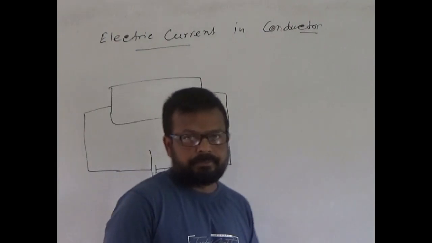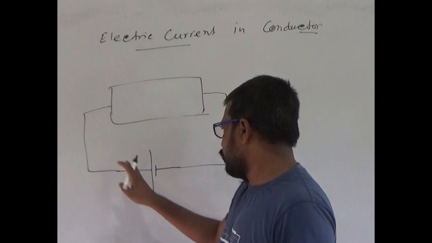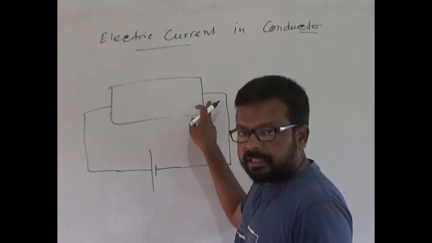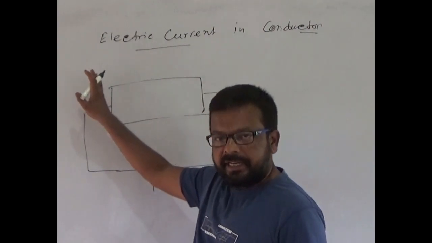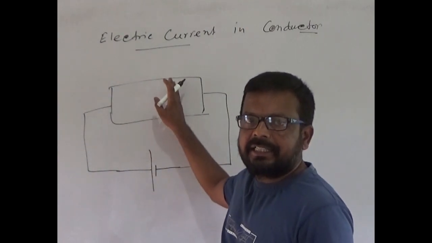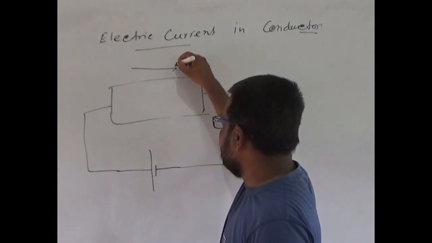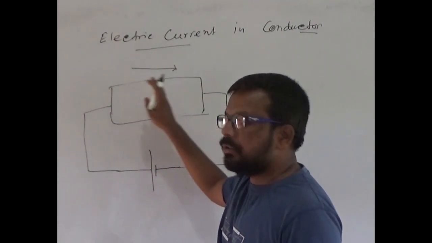Now what happens? Since this side is connected to the positive terminal of a cell and this side to the negative terminal, this side is at higher potential and this side at lower potential. So there is an electric field inside the material from this side to this side.